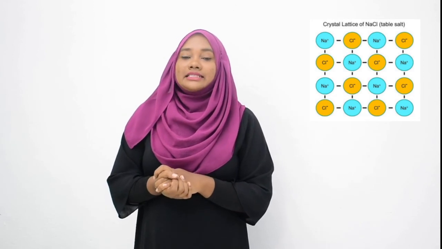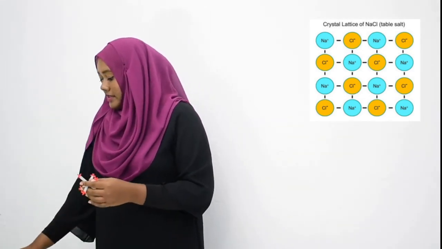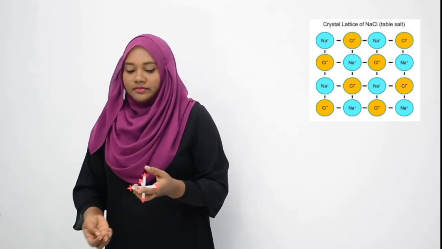So as an example, let's look at how sodium chloride ions are arranged in real. In this, assume that these red pieces are sodium ions, these black pieces are chloride ions, and these white pieces are ionic bonds. So from this as well, you will notice that to each there are 6.